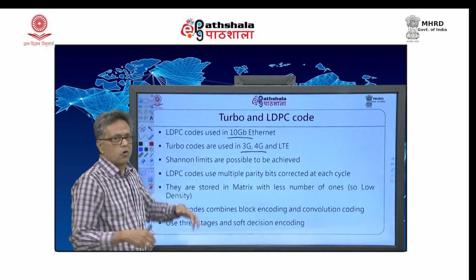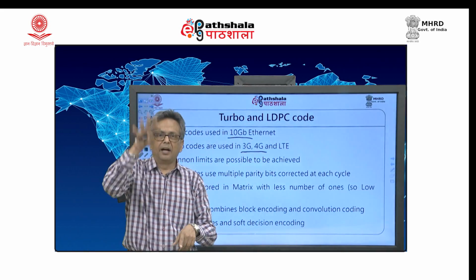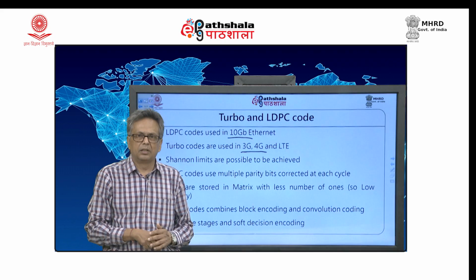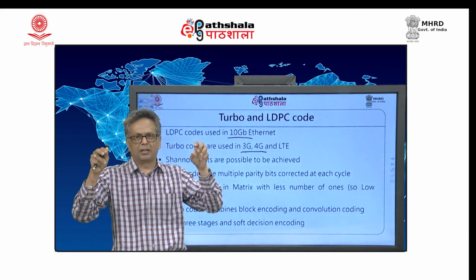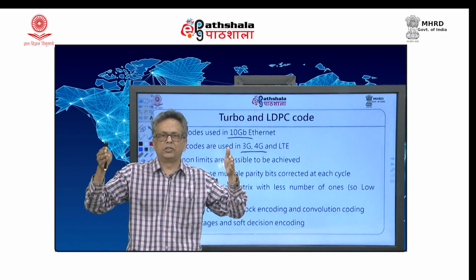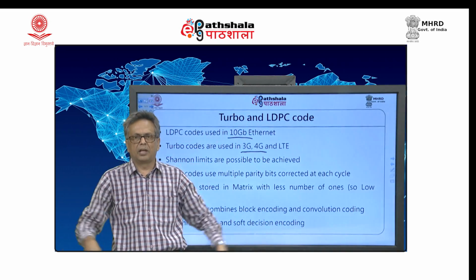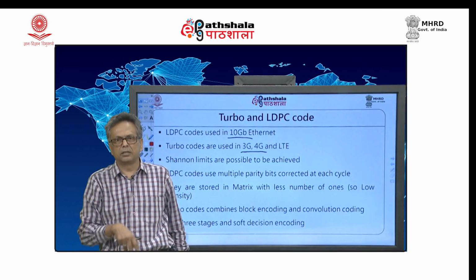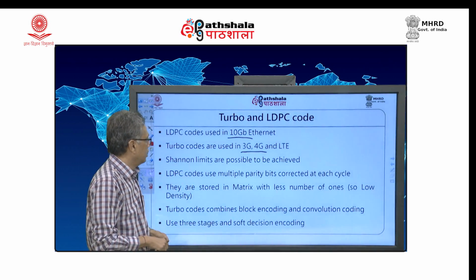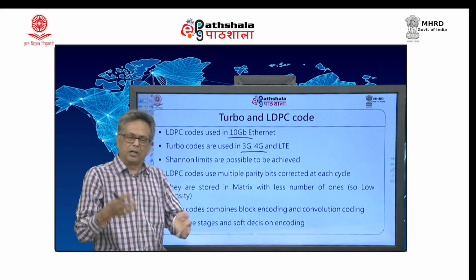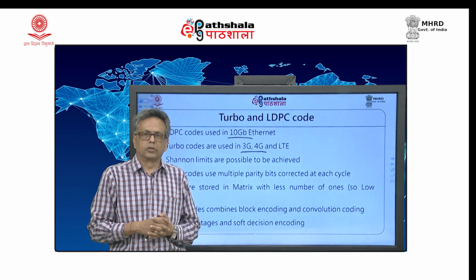The LDPC code has a matrix and contains some parity values. Okay. So, in case of Hamming code, you have a 4 bit simple single dimension array. Here you have an m into n big array, a matrix where some values are 1, most values are 0, that is why it is called low density, and based on that it will calculate the possibility of error.